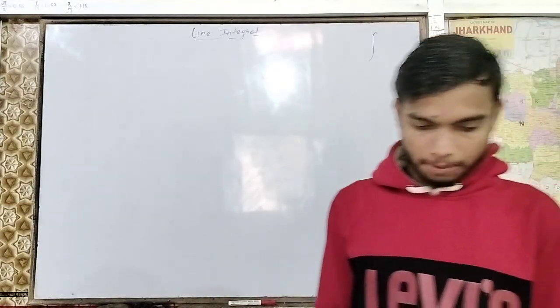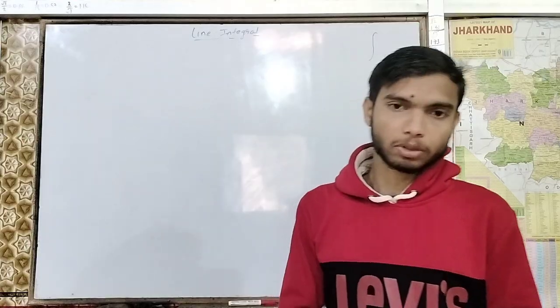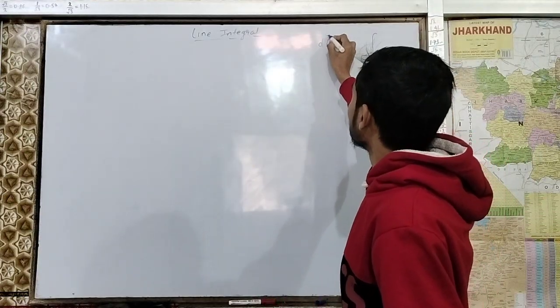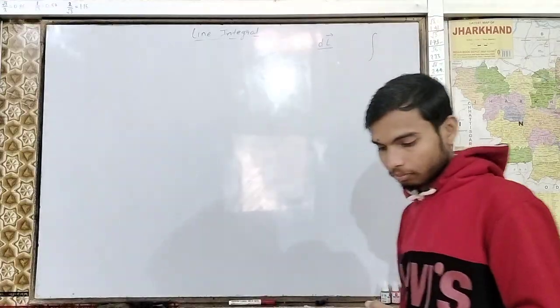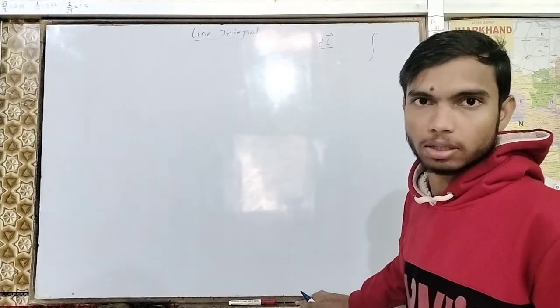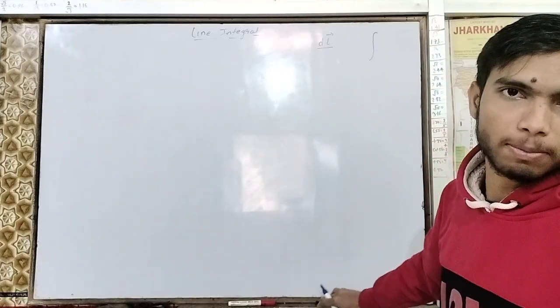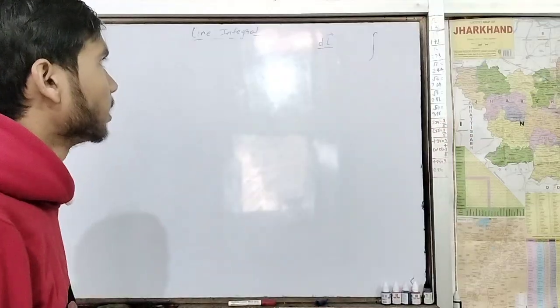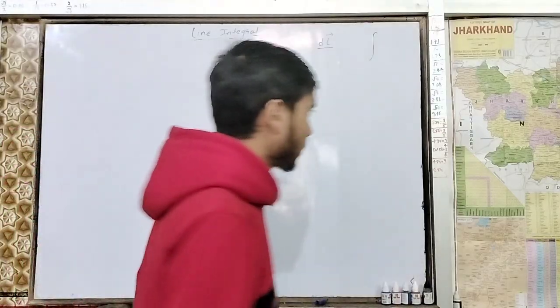So it is saying, let dl be our vector. Why is this vector symbol used? L means length, the length of the element. Here we are considering L as a length.